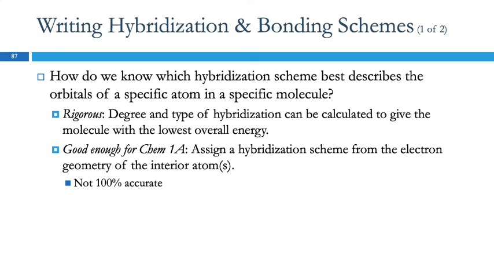So what if we have 3 groups? S, P, P, sp2. We've got 5 groups. 1, 2, 3, 4, 5. sp3d. And you know, if you want to come in to the exam and write things on your fingers, that's fine. This is not 100% accurate, but it's good enough for Chem 1A. And we're in Chem 1A, so we're going to be happy with that.